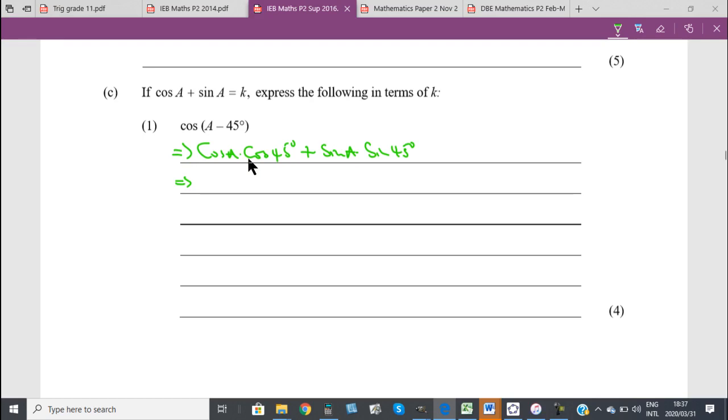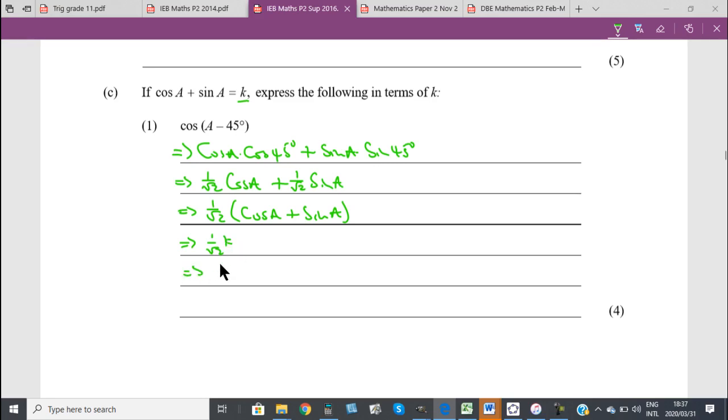Okay, so this is 1 over root 2 cos A plus another 1 over root 2 sine A. We factor out 1 over root 2, cos A plus sine A. And then cos A plus sine A is k.